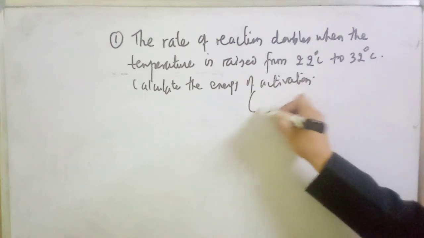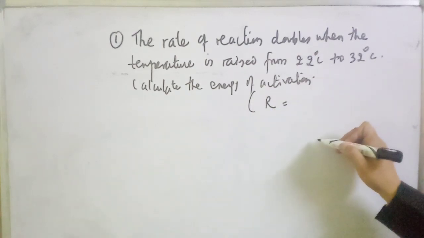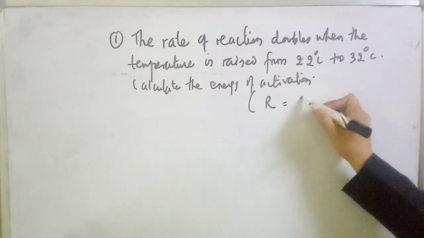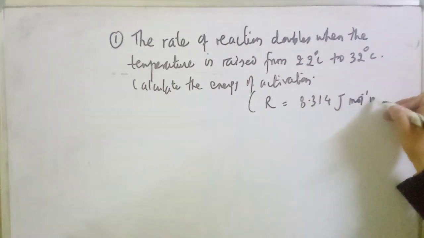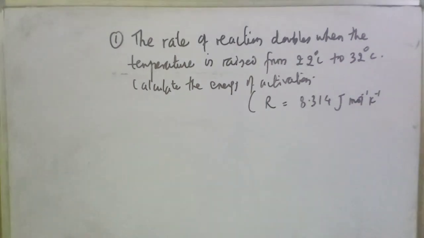Okay, you are provided the universal gas constant R value. That R value is equal to 8.314 joule per mole per Kelvin. This is the universal gas constant R value, 8.314 joule per mole per Kelvin.